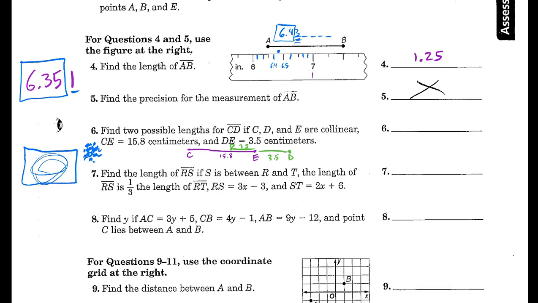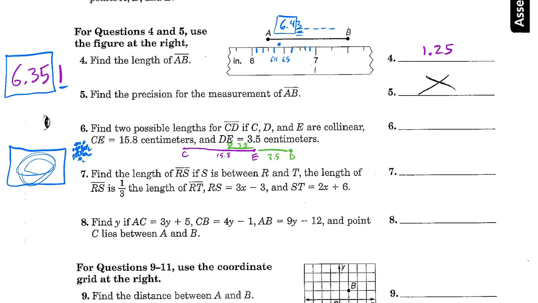So the two possibilities are 15.8 plus 3.5, which is 19.3, or 15.8 minus 3.5, which is 12.3. And those are the only possibilities. Whoop, I said 12.3 and I wrote 12.5. That was silly.